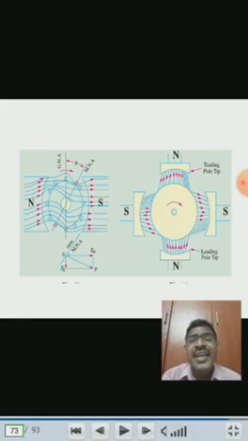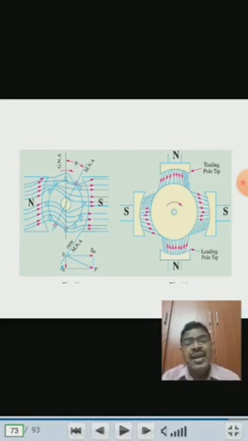Due to the shifting of the magnetic neutral axis, the conductors which are under the influence of north pole are moving towards south pole, and vice versa, right? Because of this, the flux distribution in the air gap between the armature and the field coils is not uniform, and the fluxes are distorted. If you observe the second diagram, you see the flux density is not similar over the entire area of the poles.